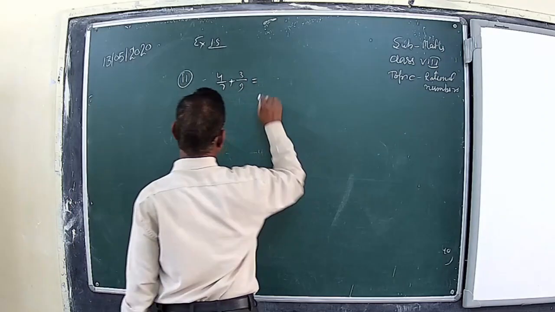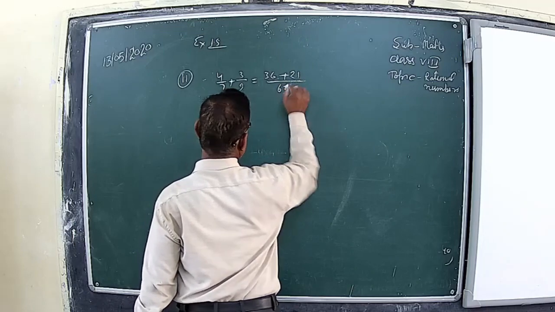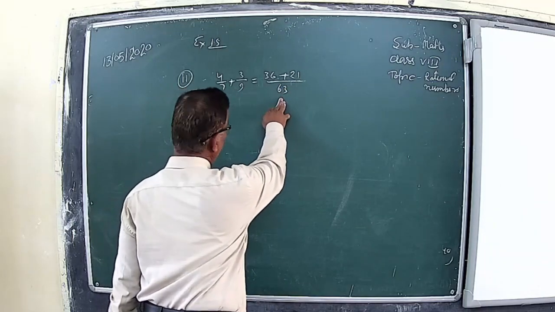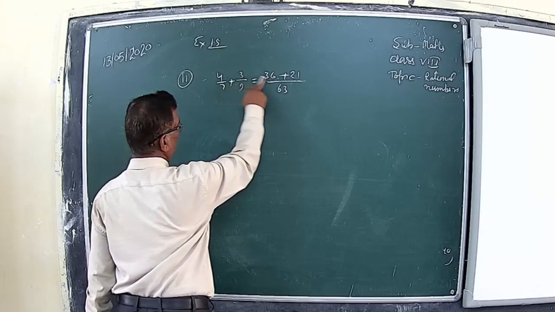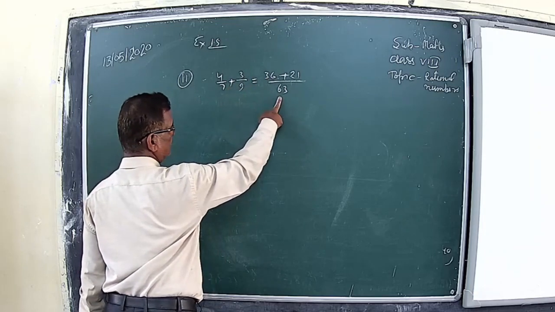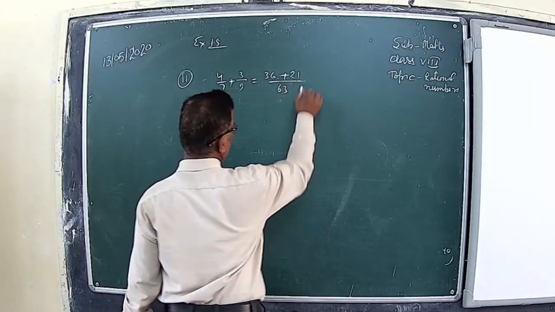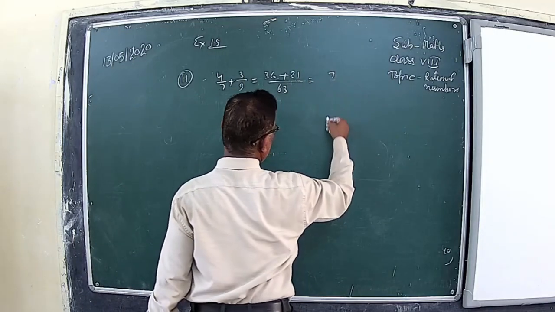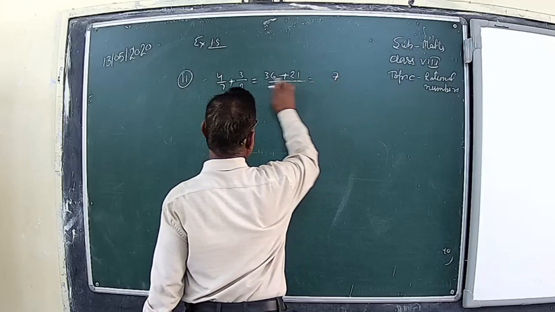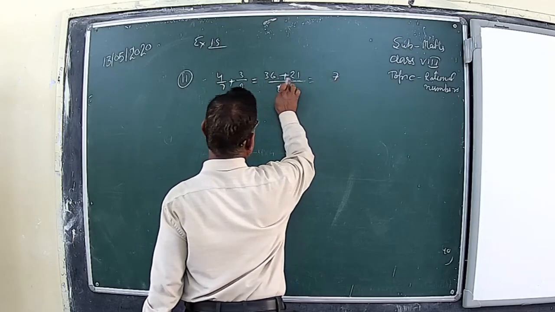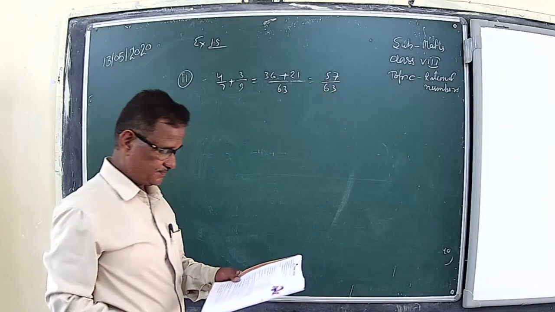The LCM is 63. 63 divided by 7, quotient 9, 9 multiplied by 4 is 36. 63 divided by 9, quotient 7, multiplied by 3 is 21. Add them: 57 by 63.